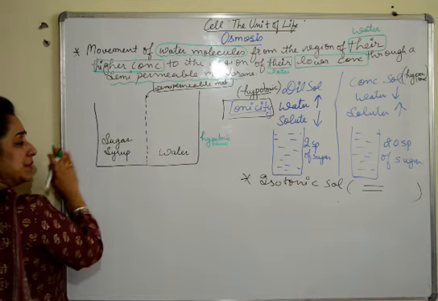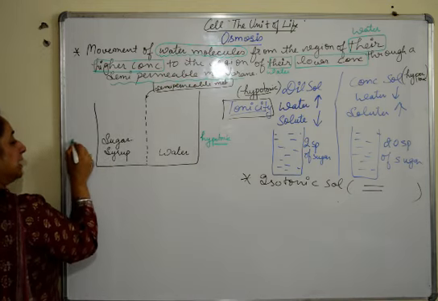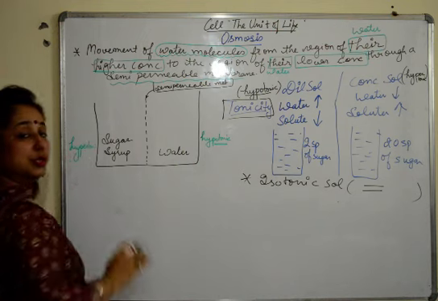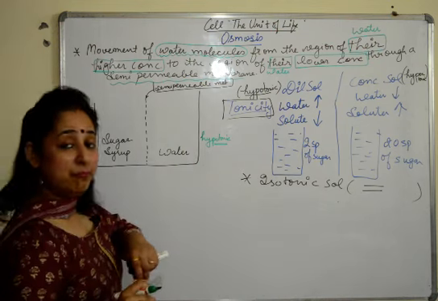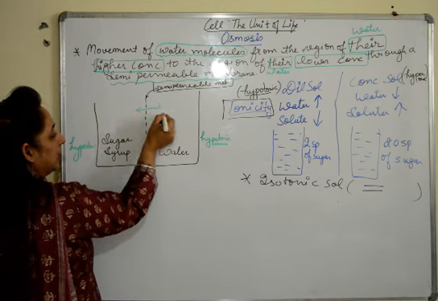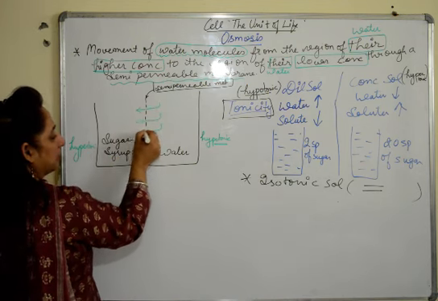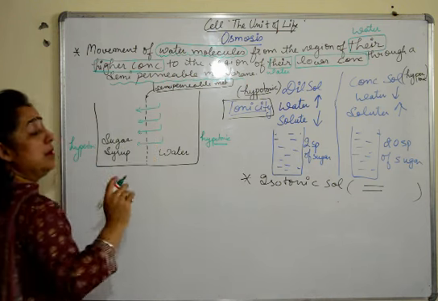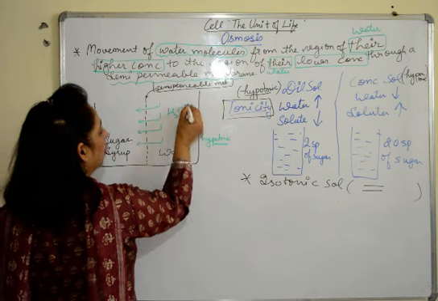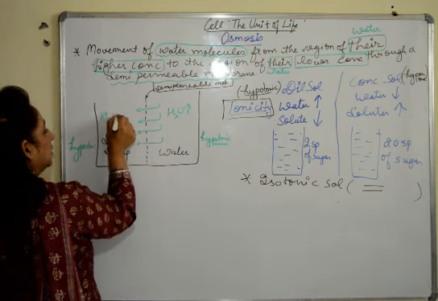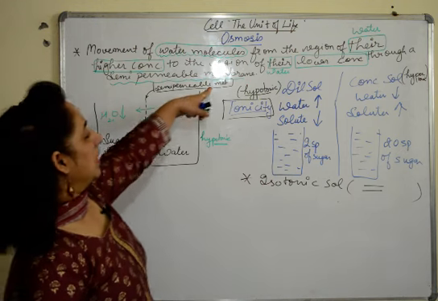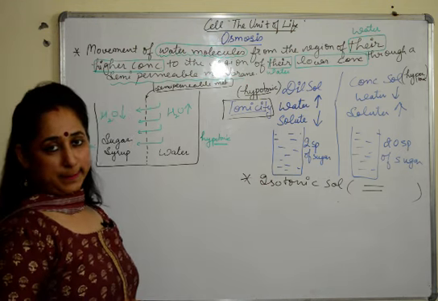And the sugar solution on this side is hypertonic, because sugar solution has less water, here we have more water. So what will happen? The water, according to its tendency, according to passive transport, will start moving from high concentration of water towards the low concentration of water through a semi-permeable membrane. This is known as osmosis.